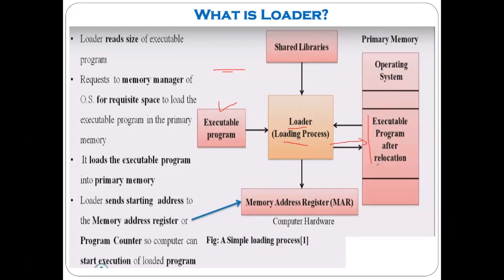Here you can see that is the reason it is mentioned executable program after the relocation. Now you can see one more arrow is shown from the main memory to the loader again, where now the loader gives the address of the particular starting instruction from where the execution should be started by the central processing unit.